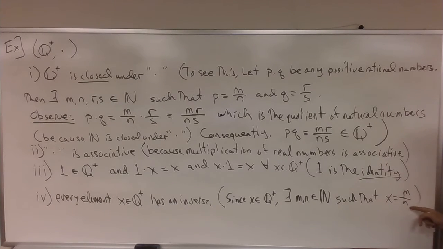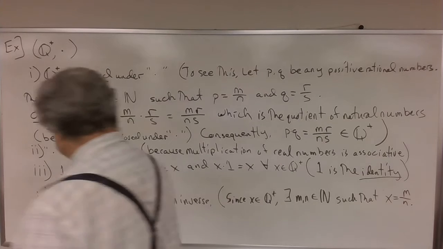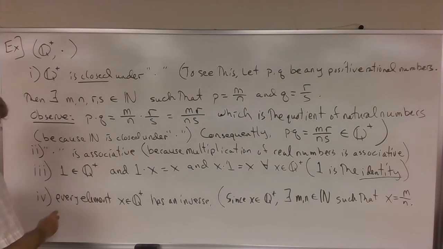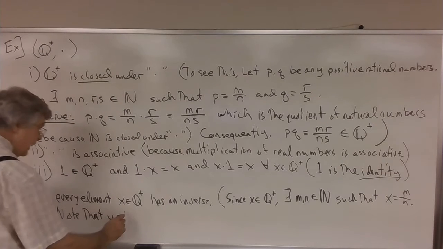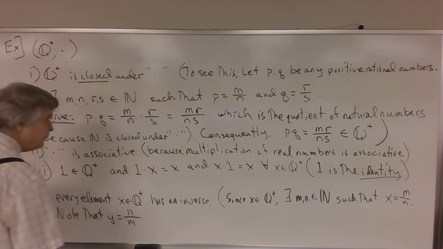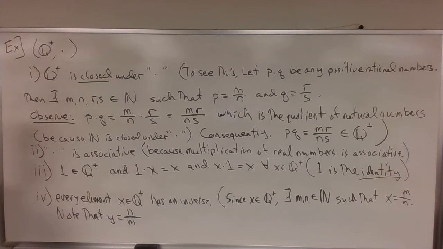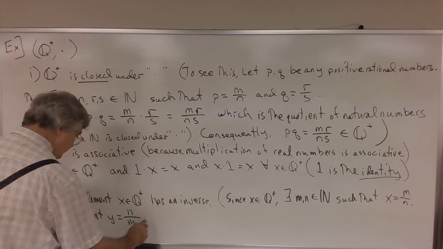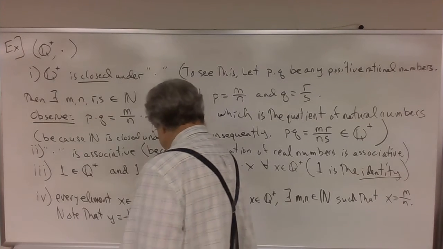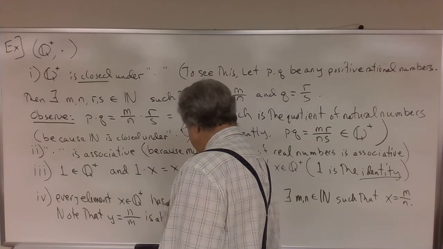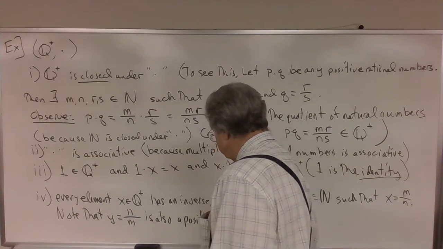M and n are positive integers. And we note that y equals n over m is also a positive rational.